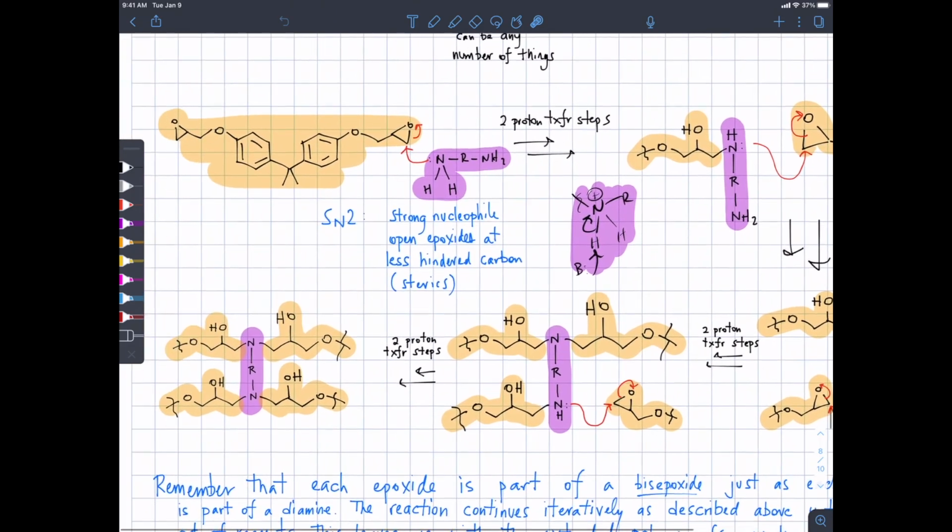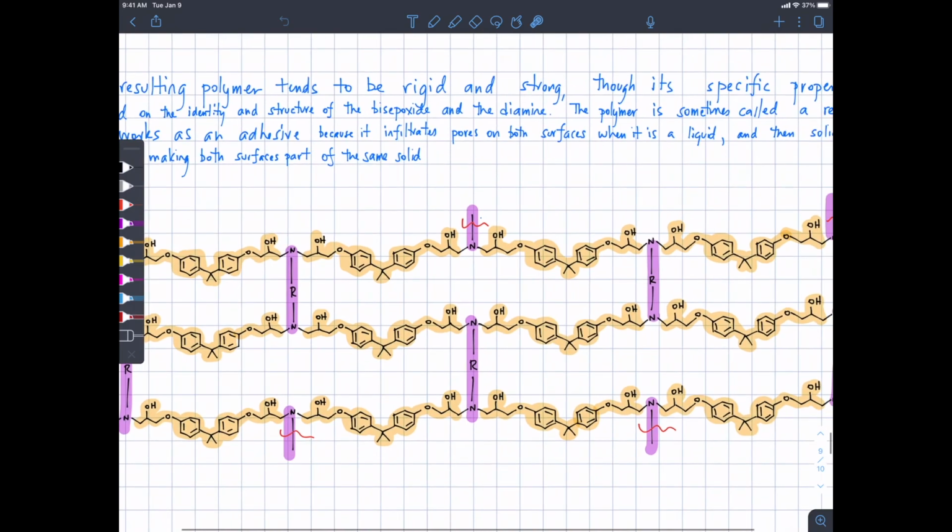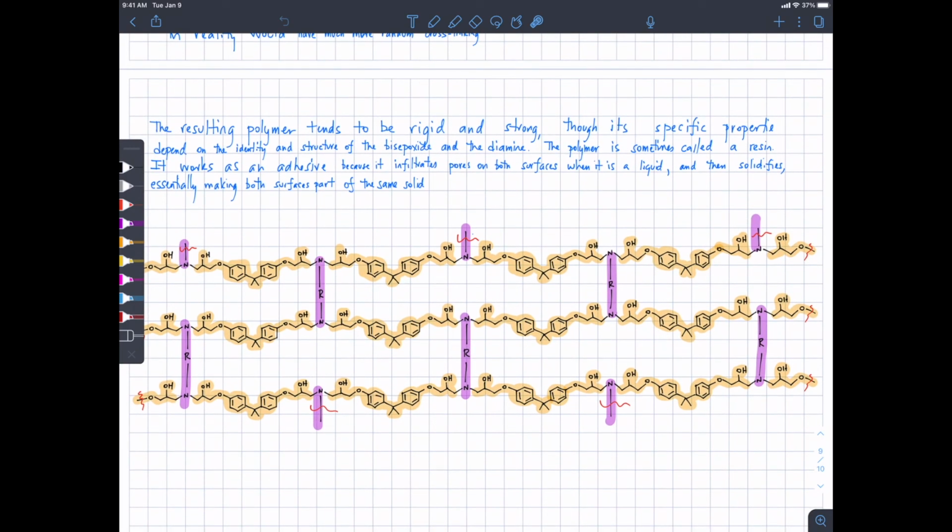So by the time we're done, we now have a single nucleophile linked to 4 different epoxides, each of which is also linked to another epoxide. So can you see where we're going here? We're building up a huge network of what used to be epoxides and amines, and I've drawn it all orderly to look like that. But it's actually a lot messier than that, as chains are attached to different things. But that rigid structure is then what forms the clear coat on surfboards and what forms the glue in JB Weld or other kinds of epoxy glues.